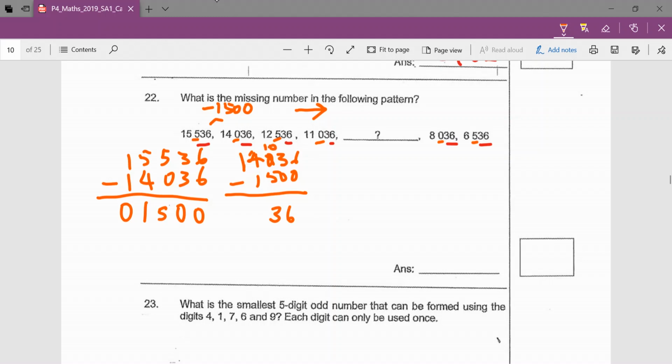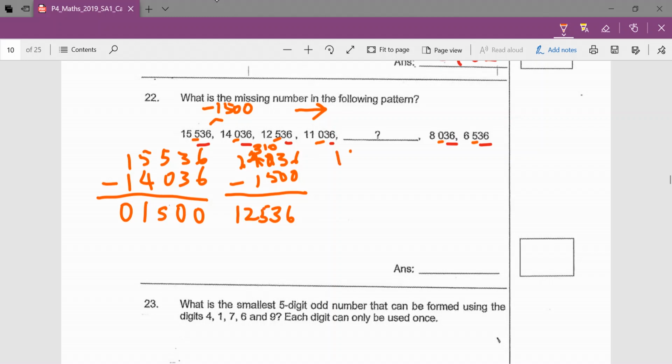I have to borrow. So this is still the 1, sorry, I didn't borrow that, so the 1 is still there. So 12,536, which is the same as this one. So most likely, my guess is correct.